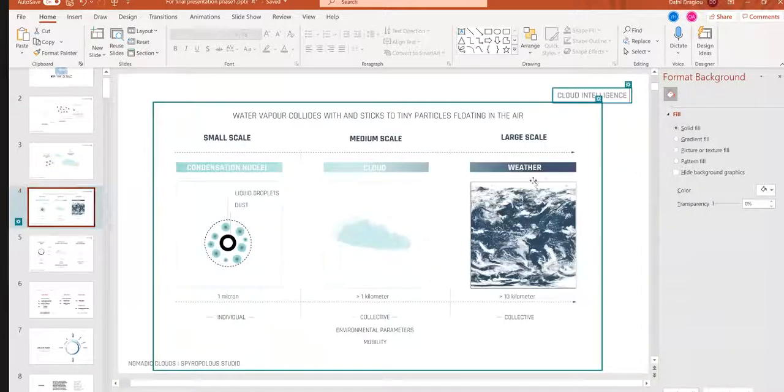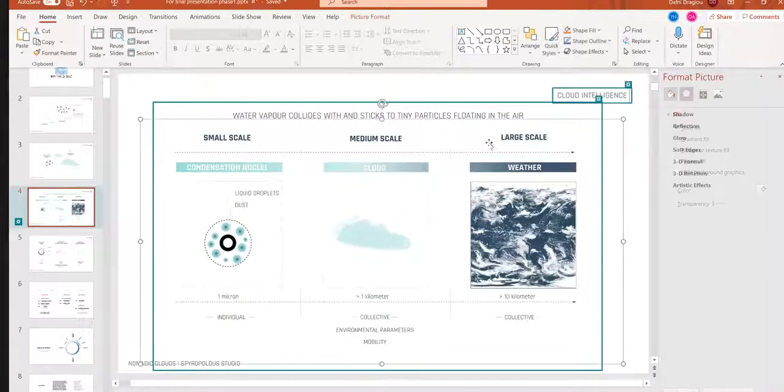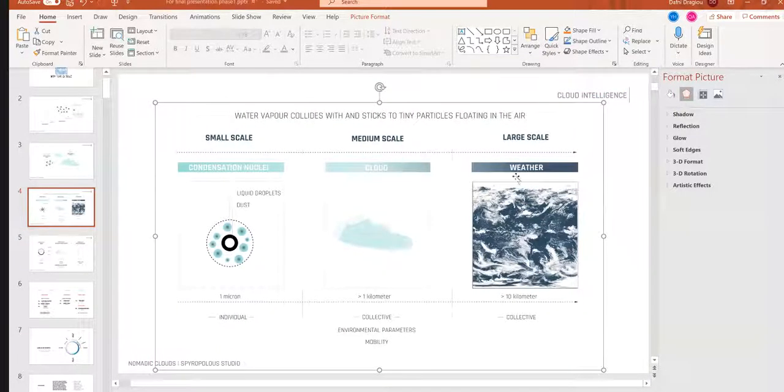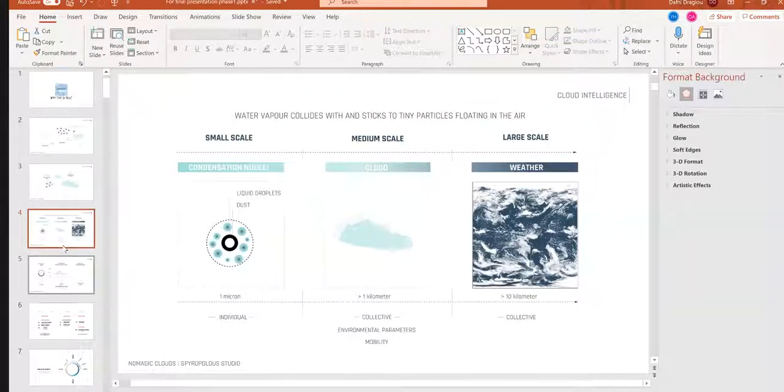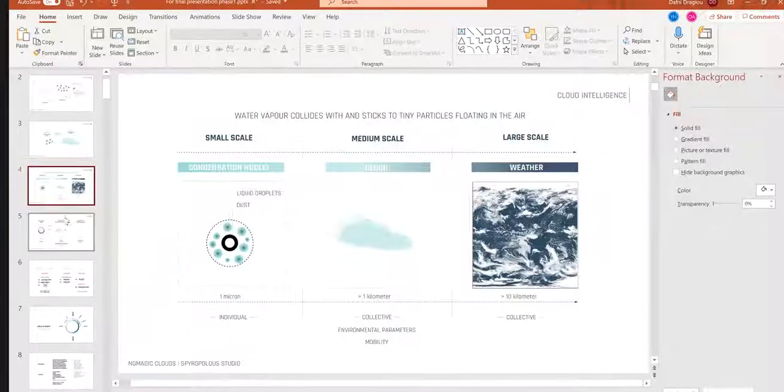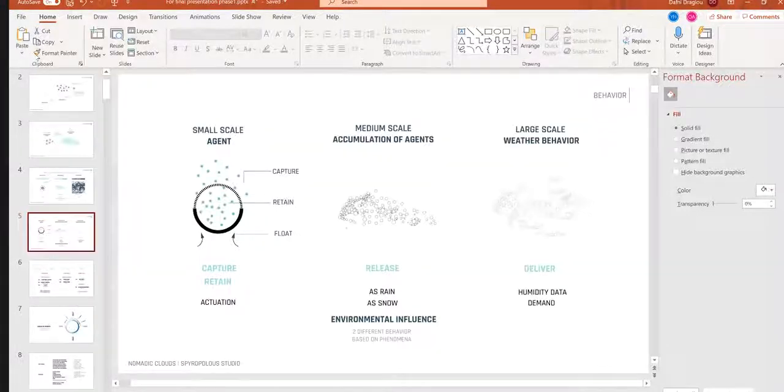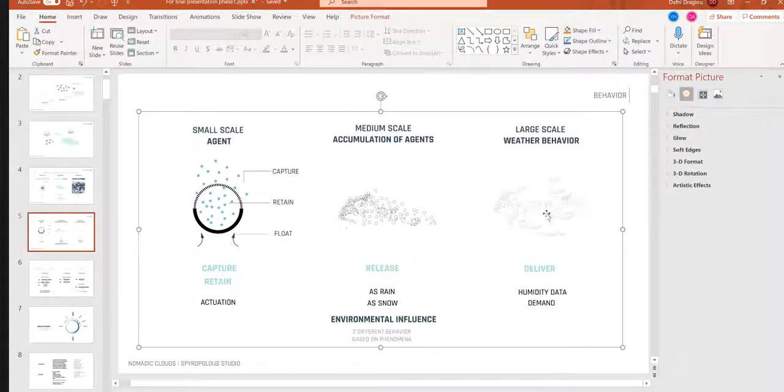Theo yesterday was saying that we should show more about the cloud scale. I agree. I think the large is generally easier because it doesn't require much detail. The medium is actually challenging for you.